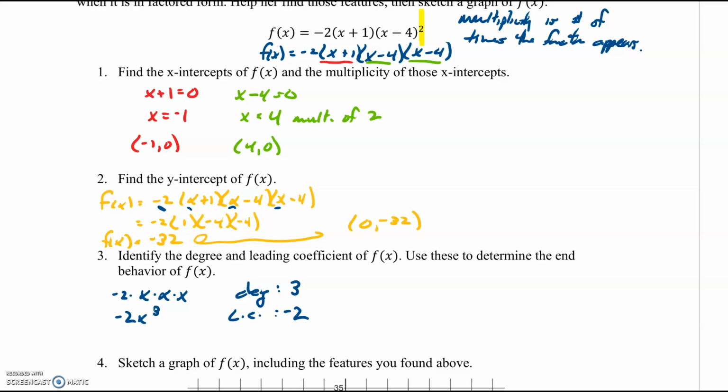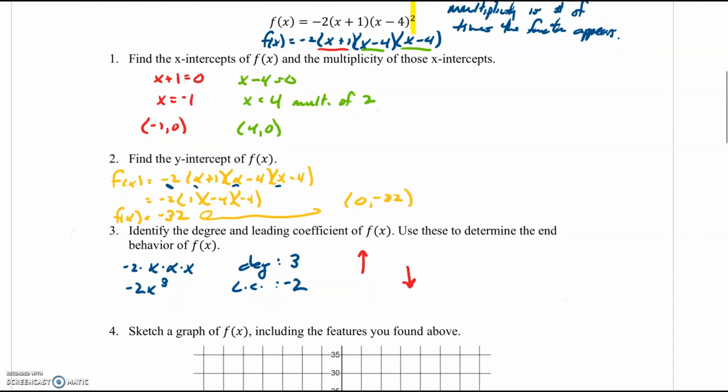So how does that help me with the end behavior? Remember, when the degree is odd, that means my tails go in opposite directions. And with a negative leading coefficient, that means it's overall going to have a negative type slope, starting very high on the left and going down low on the right.